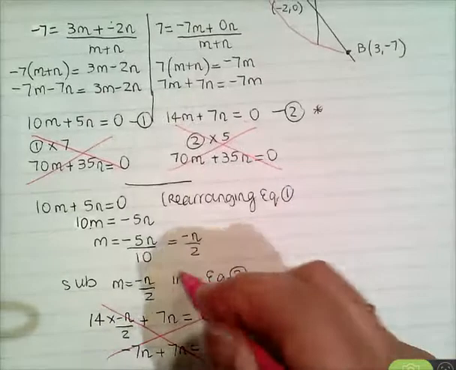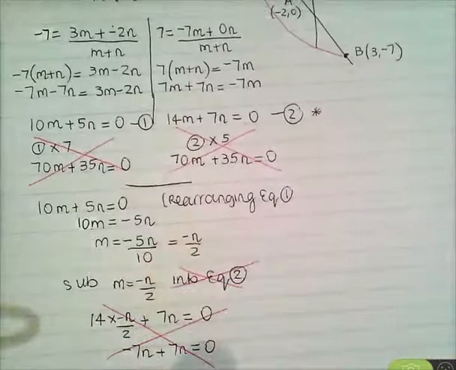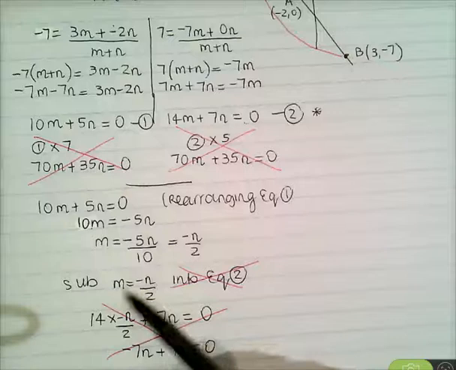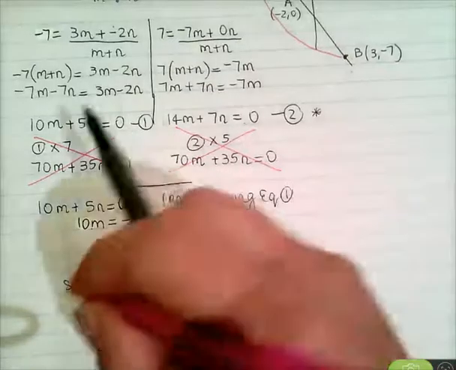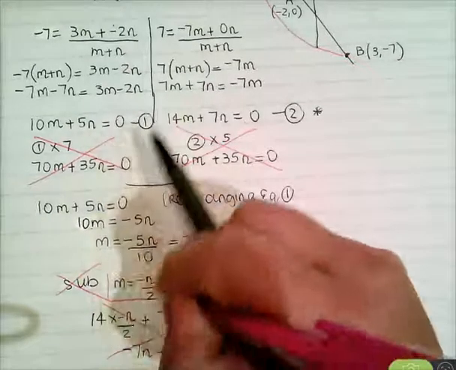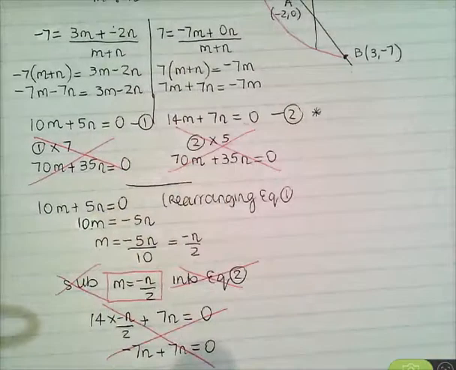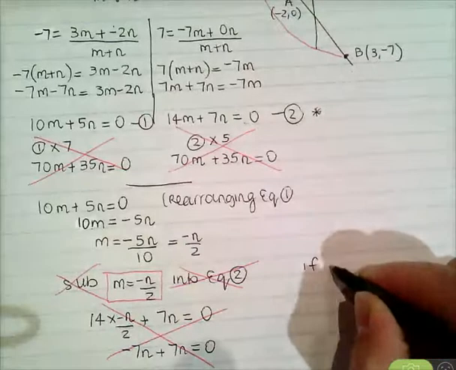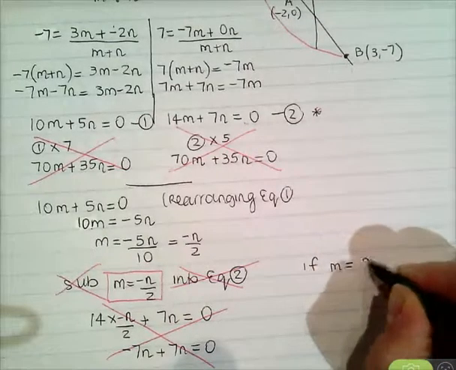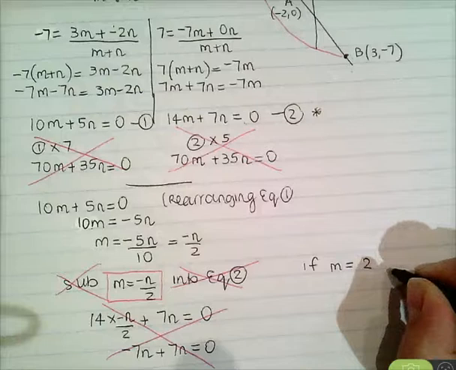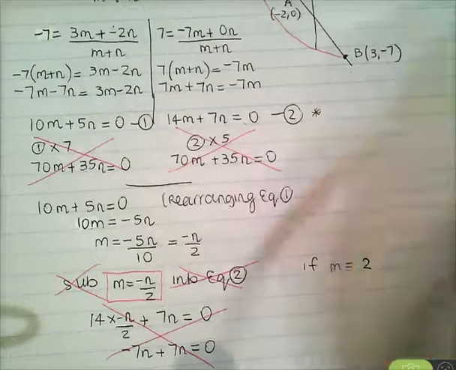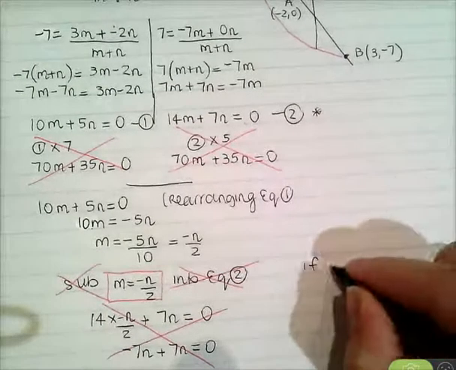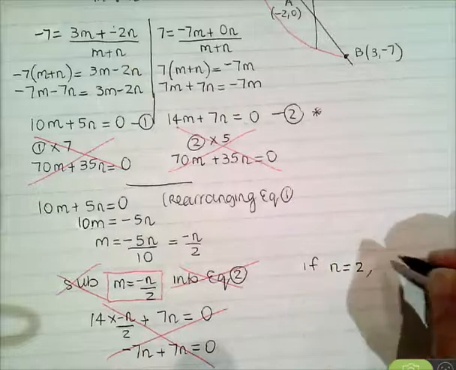But actually, girls, the answer is staring us in the face. Remember, m and n are a ratio. So I don't want to substitute it; I'm getting that m equals negative n on 2. So for example, let's say n was 2.